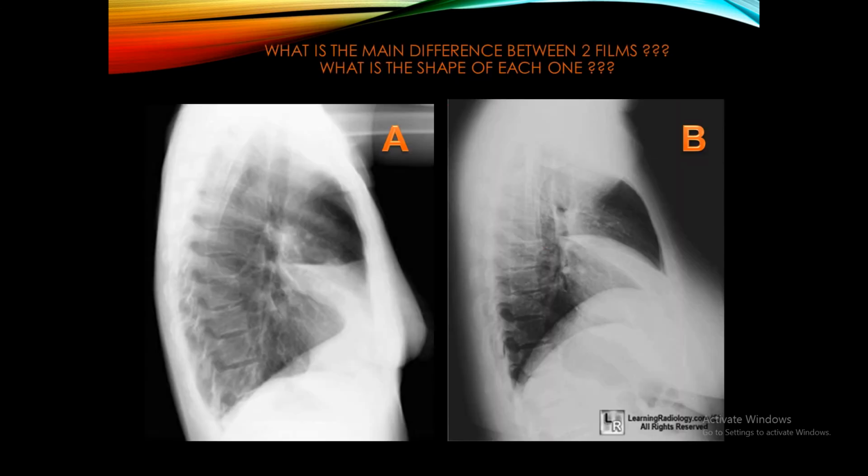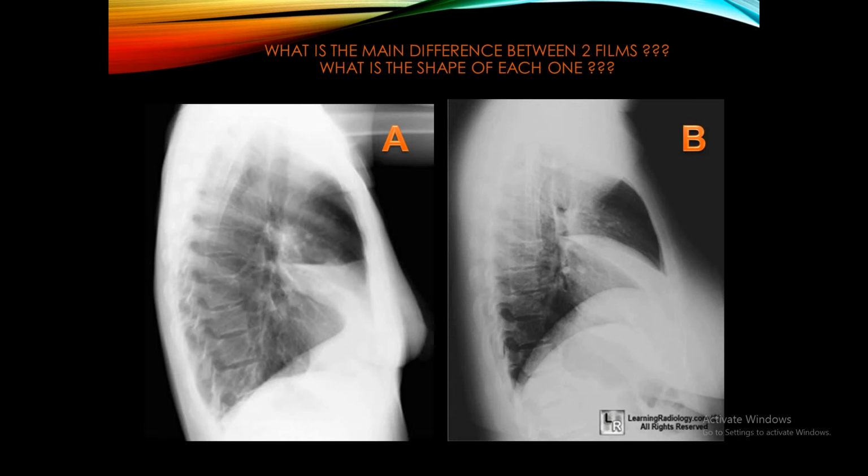These two chest X-rays, A and B, are both in lateral position. Both show an opacity limited between the horizontal fissure and the oblique fissure. The difference between them is that in chest X-ray A the opacity takes a triangular shape because both the horizontal and oblique fissures are in their normal anatomical position.